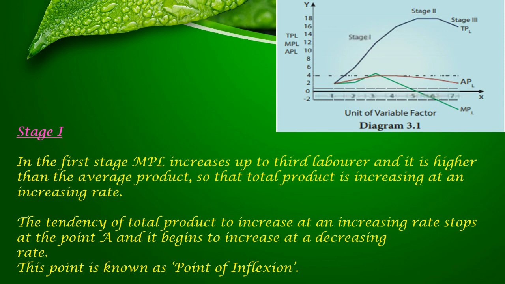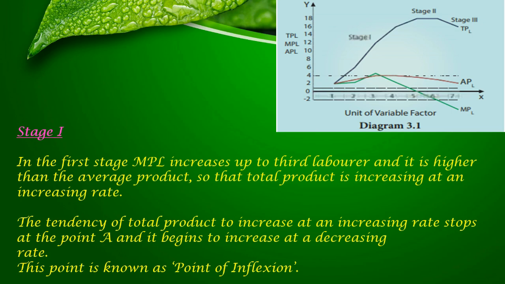In the first stage, marginal productivity of labor increases up to the third labor and it is higher than the average product. So total product is increasing at an increasing rate. So at the beginning, the total product increases. You can see the maroon line which passes above.